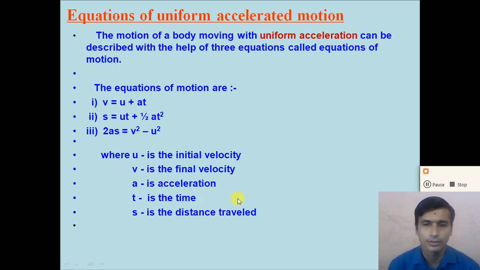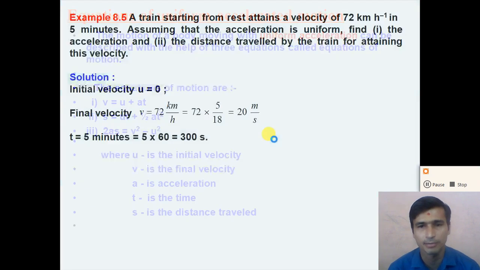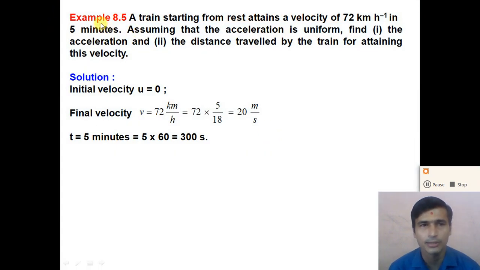So in today's examples we use these three equations for calculating the final velocity and the distance traveled by the object. So let's start with the first example, example number 8.5 given in the textbook.